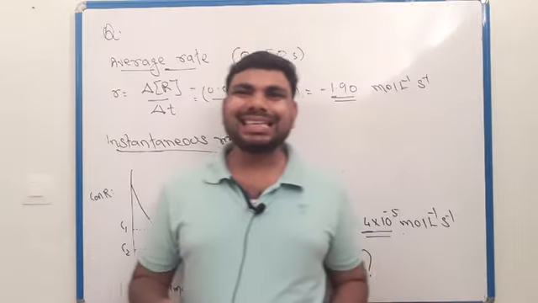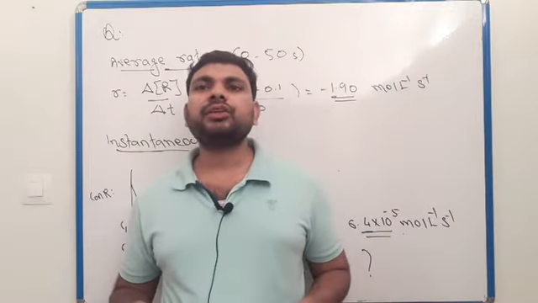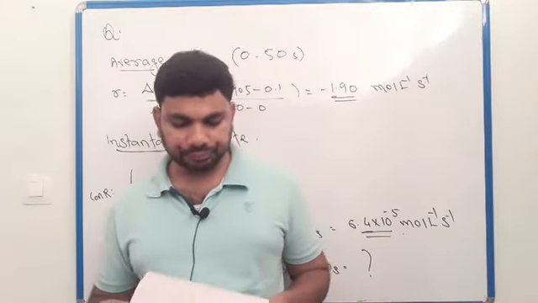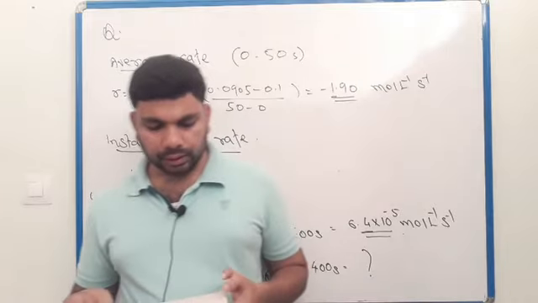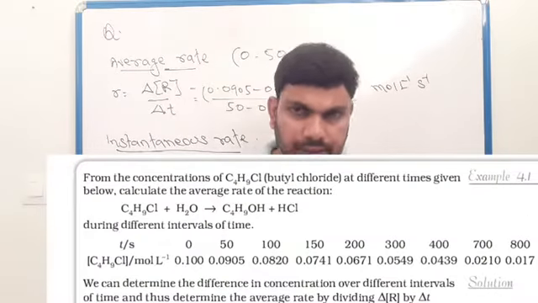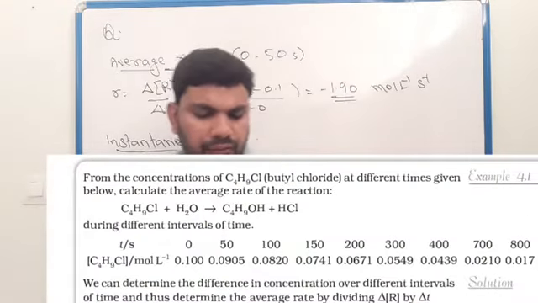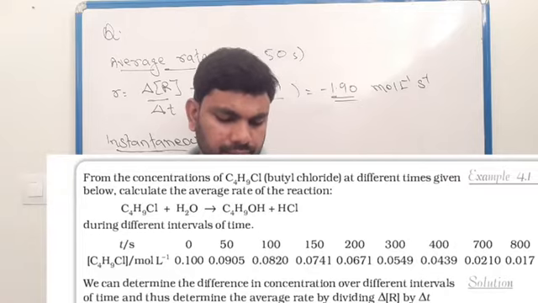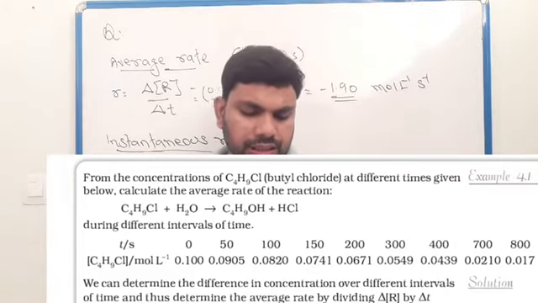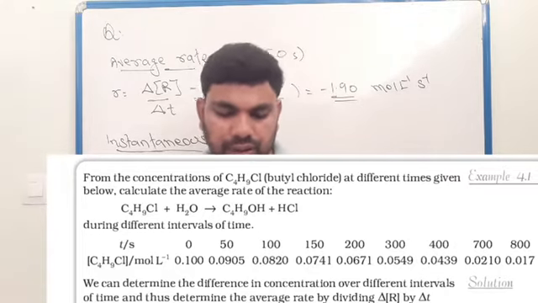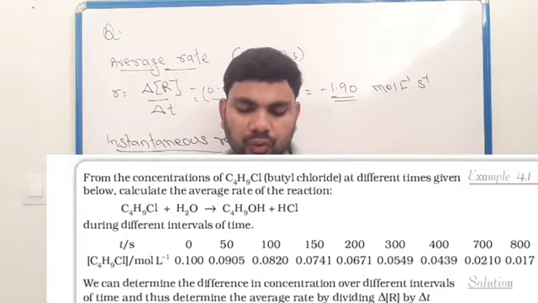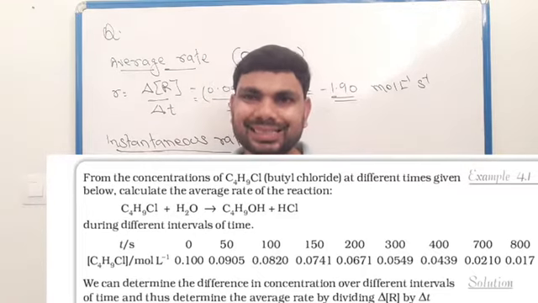Now we have one problem here. It is given that C4H9Cl, after hydrolysis, after reacting with water, forms C4H9OH, an alcohol, plus HCl.